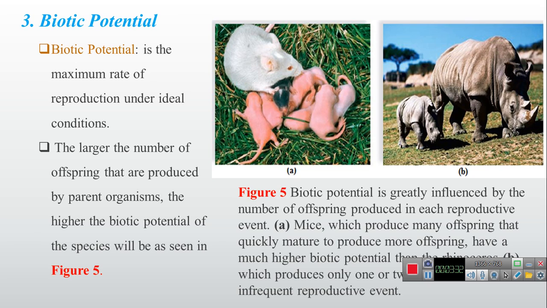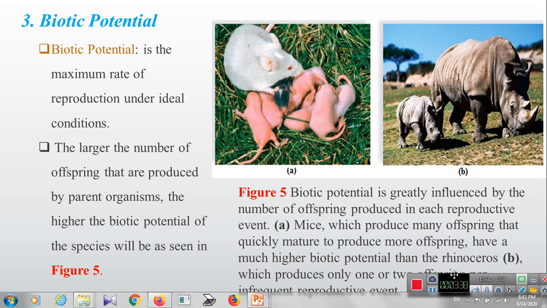But the rhinoceros will produce only one or two offspring per reproductive event.